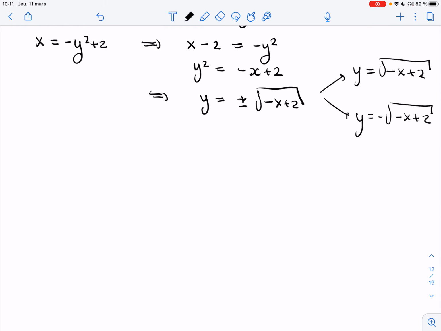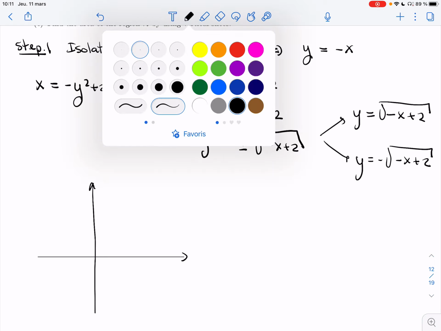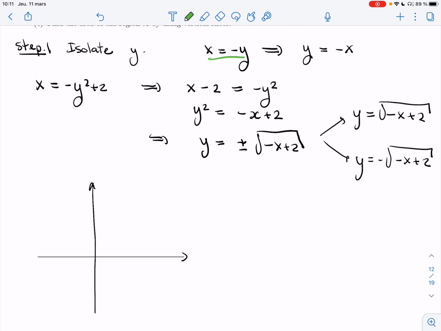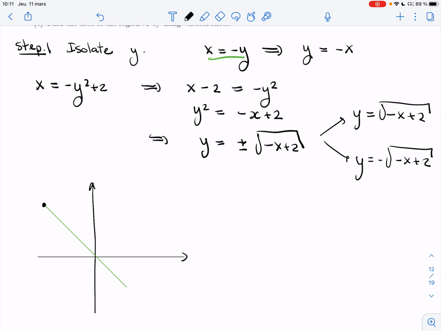Right, so we still have y equals minus x. That one is still the same. And we know that it intersected the blue curve at the point minus 2, 2, and the point 1, minus 1.